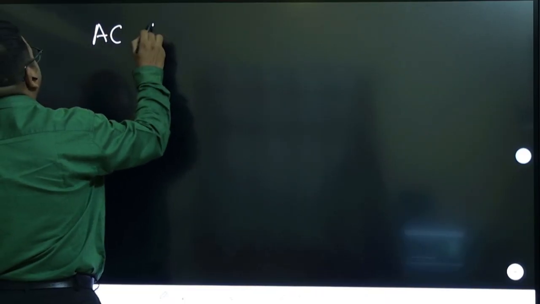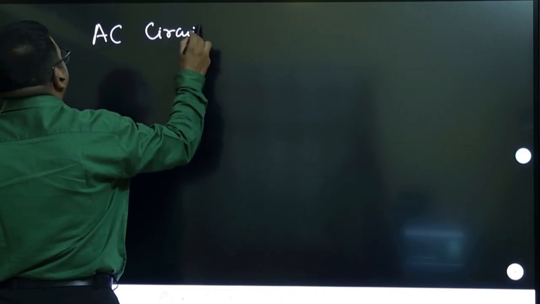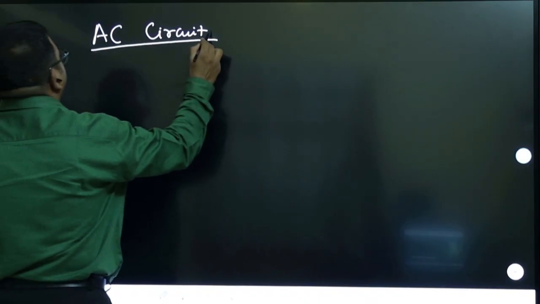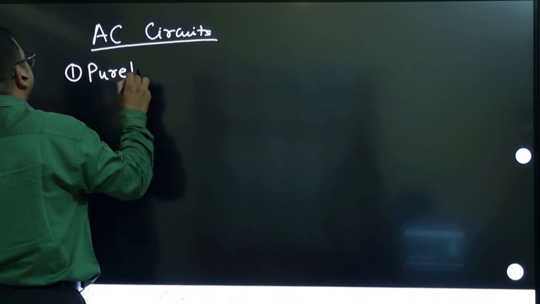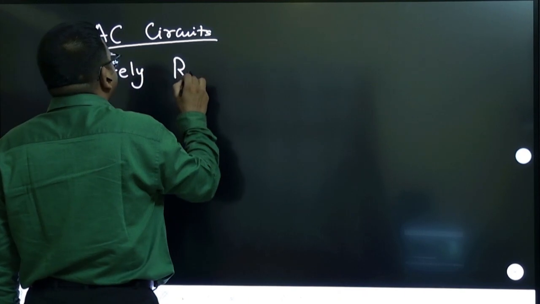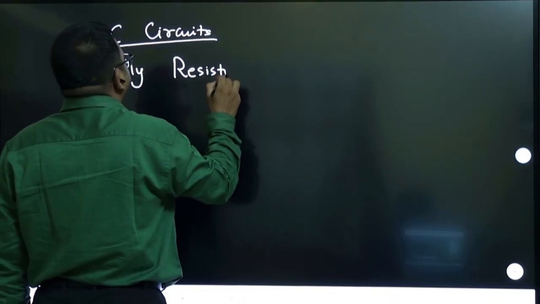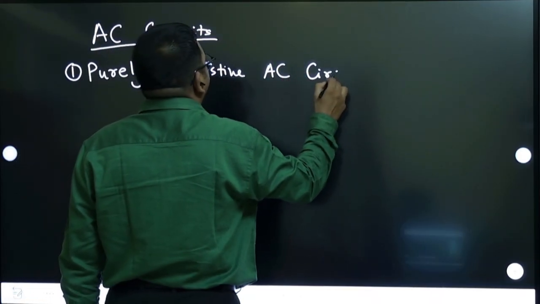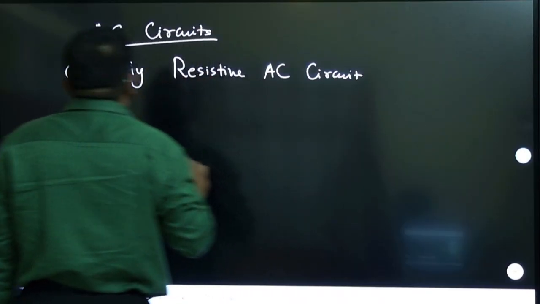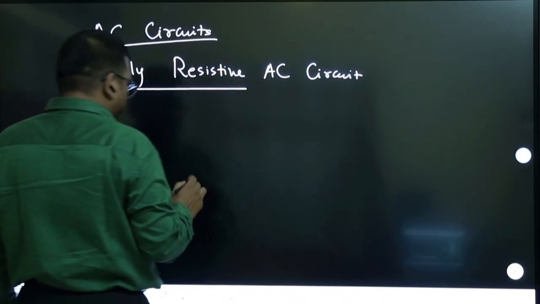AC circuit. So the first circuit is a purely resistive AC circuit. So what happens?